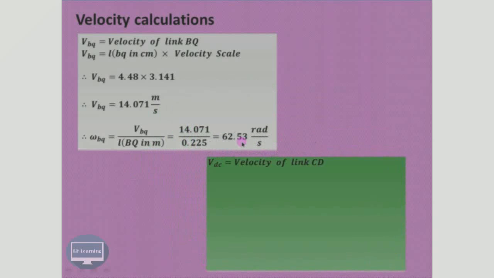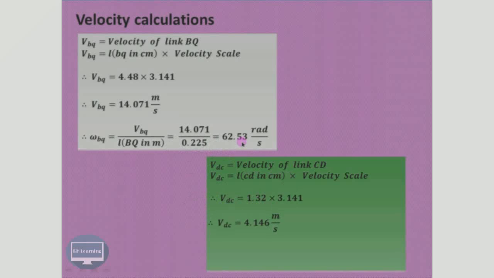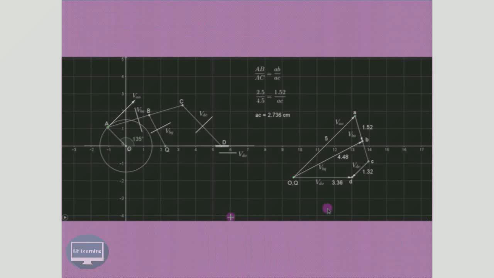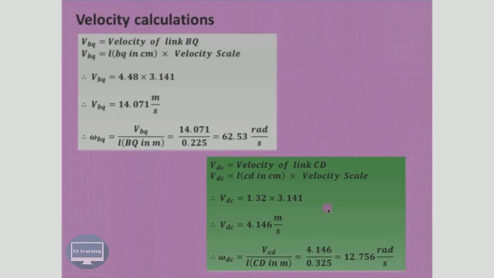Similarly, you can find out the velocity of link CD by multiplying 1.32 by the velocity scale 3.141, and the corresponding angular velocity also. In this way, we can calculate the various velocities and angular velocities and the velocity of the slider of the mechanism.